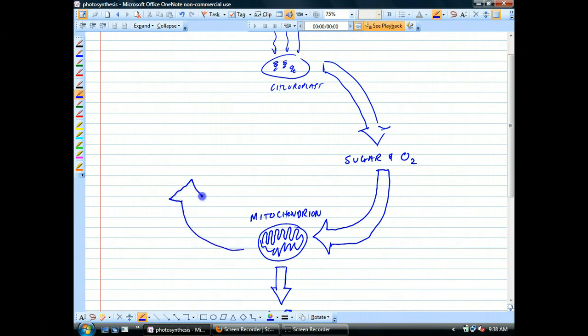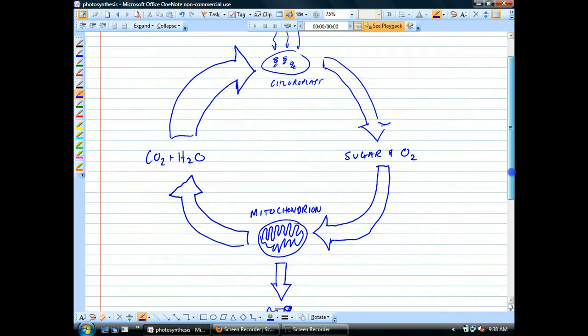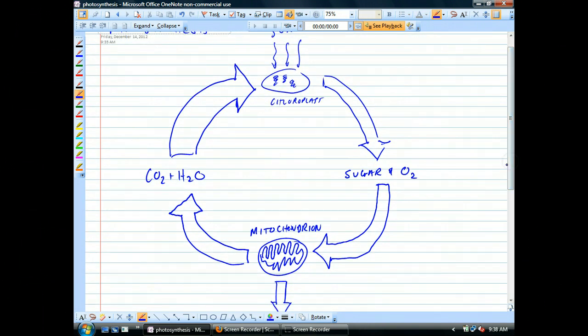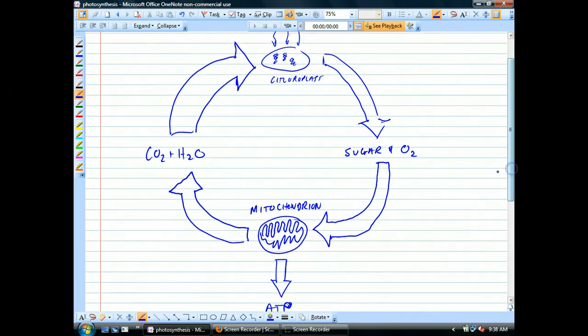The waste products of the mitochondria, of cellular respiration, are CO2 and water. And then those waste products go into the chloroplast to redo the cycle. All right? So in the past, we were down here with respiration.